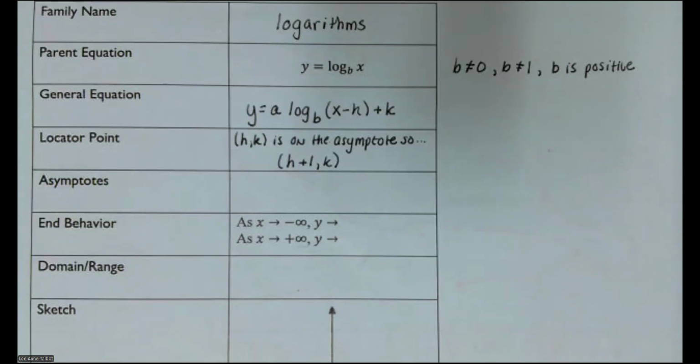Now you might wonder, especially I have some advanced math students in here, why it's not H plus A comma K. Because exponentials is H comma K plus A. So you think you should just be able to flip flop it because they're inverses, right? Well, you can't. And I asked Mr. Knight to explain it to me last year about 5 times at lunch.